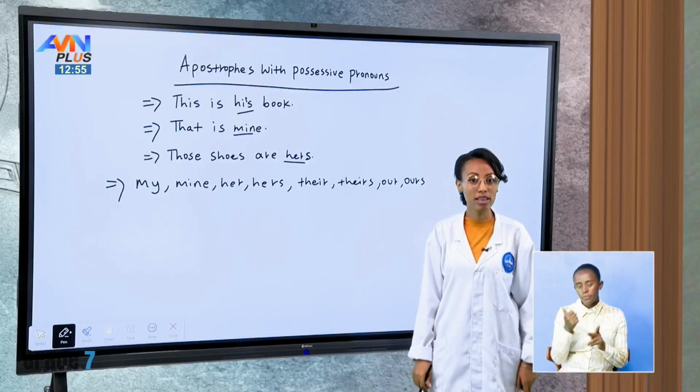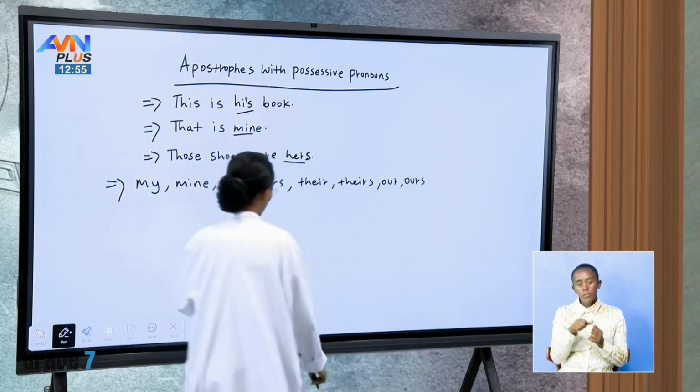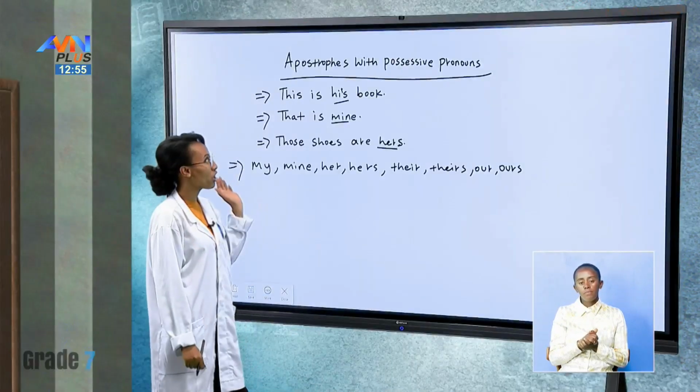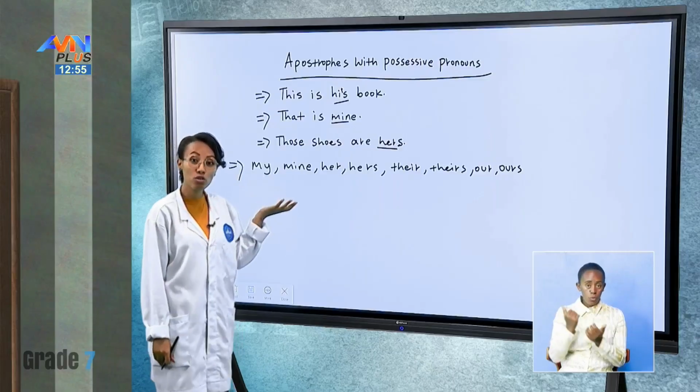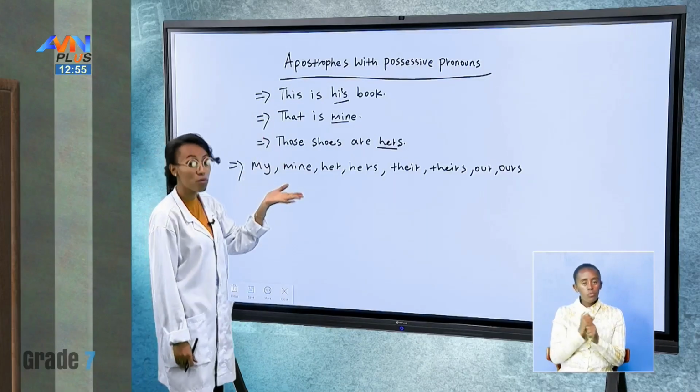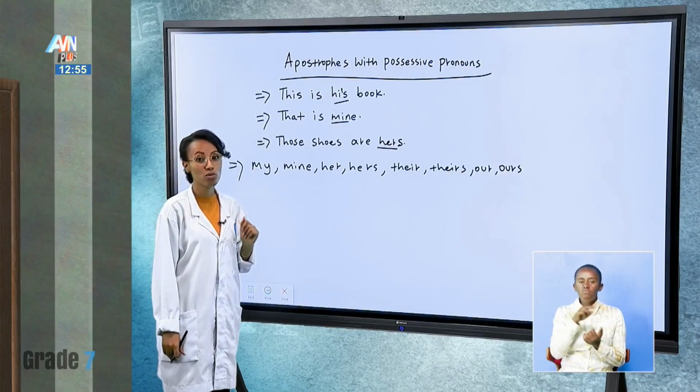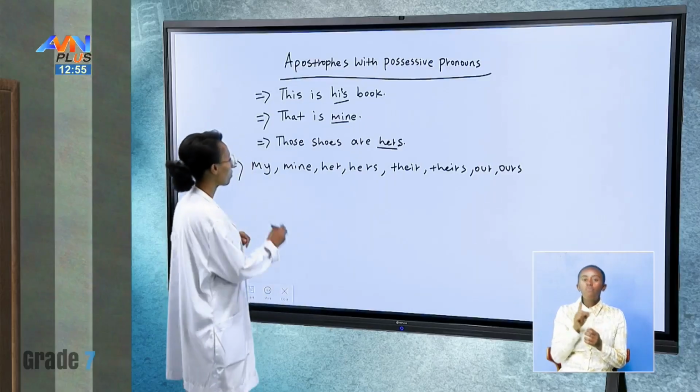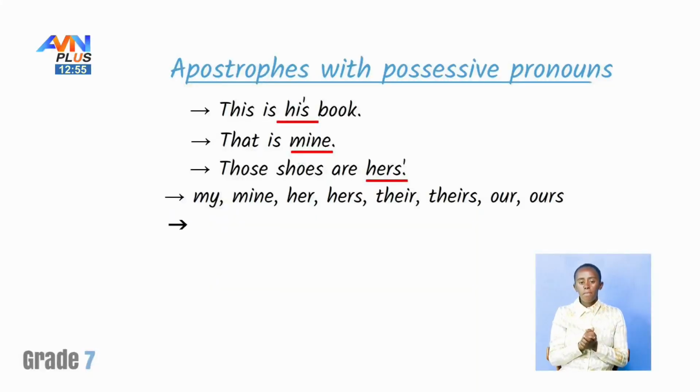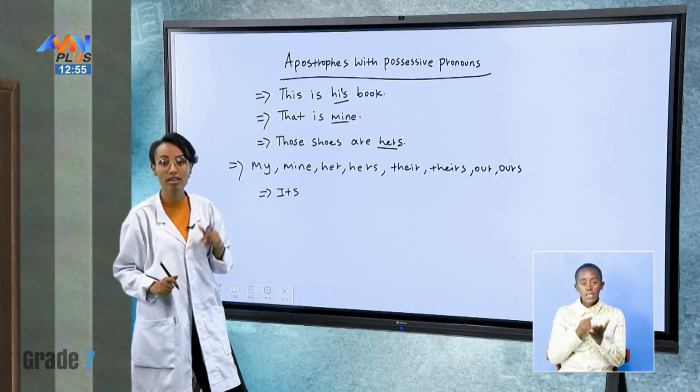Another important thing that you must remember not to do. Earlier on we were talking about what to do with apostrophes. So now we're talking about what not to do with apostrophes. The other important thing is with it's. The pronoun it's.